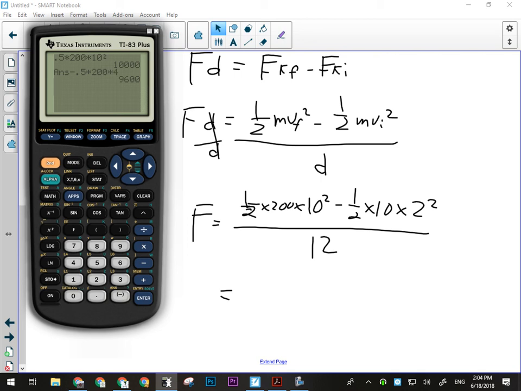All right, so that's the change in energy, divide that by 12. It's going to require 800 newtons worth of force.